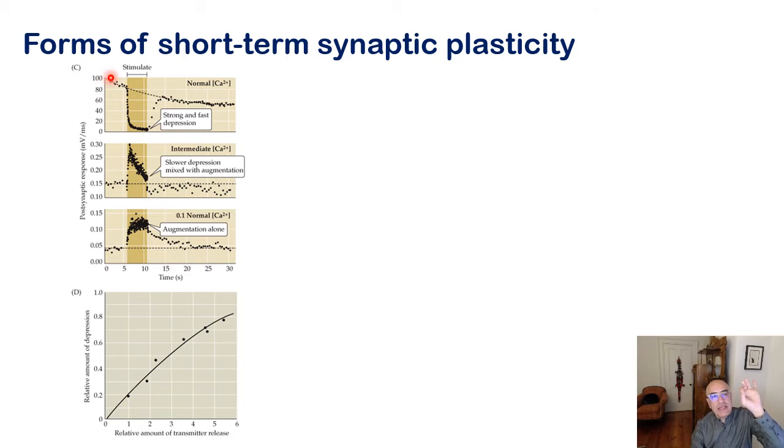What we're doing is stimulating this synapse, let's say once every second, and if you do that, the synapse shows a fair amount of depression under normal calcium. Each dot is one trial, right? So the synapse is getting a little smaller, a little smaller, a little smaller.